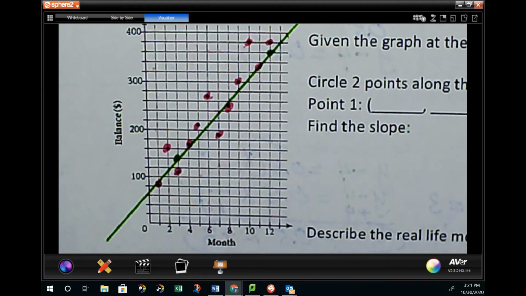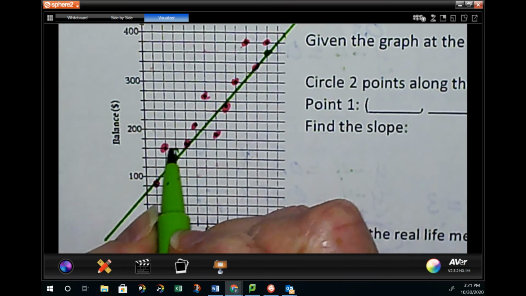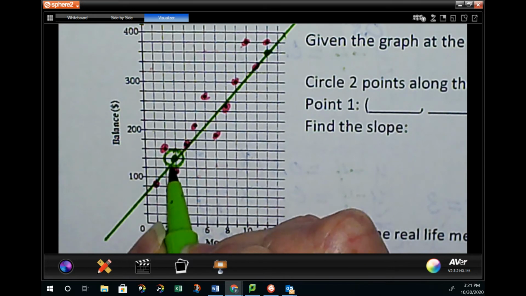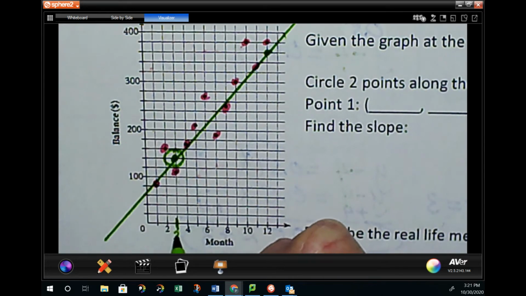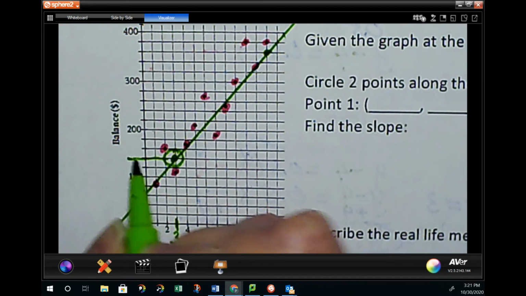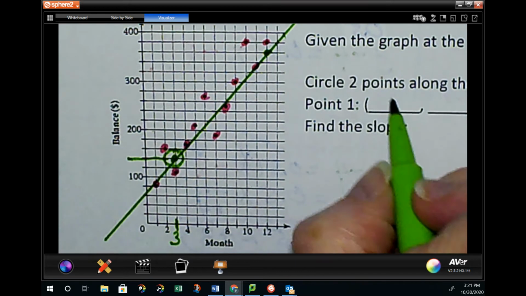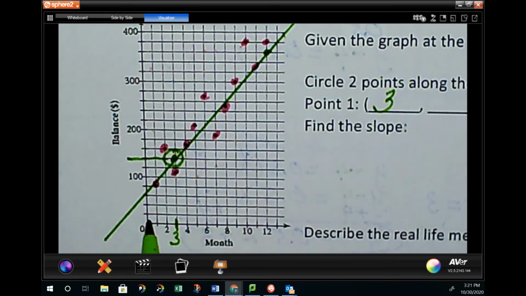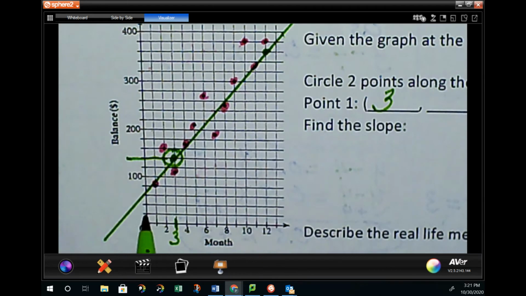The thing that makes your life easier is if I look at that point right there, my x value is 3, and then my y value is something. So I know x is 3, and I'm going to figure out what this y-square is. 1, 2, 3, 4, 5.